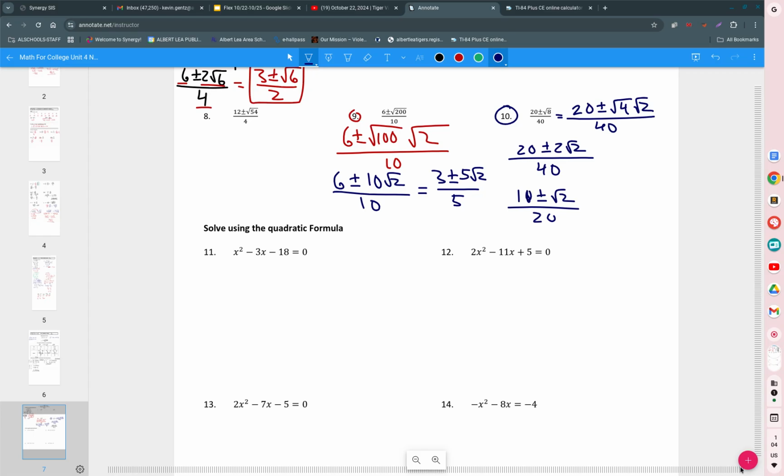I have 10 plus or minus the root of 2 over 20. Everybody good? Okay, excellent.